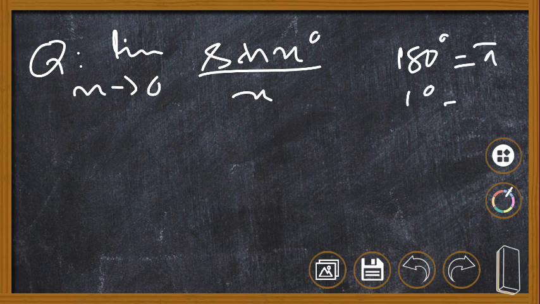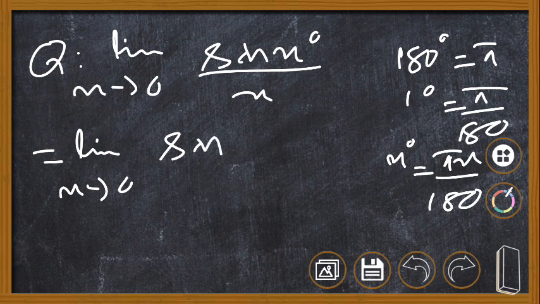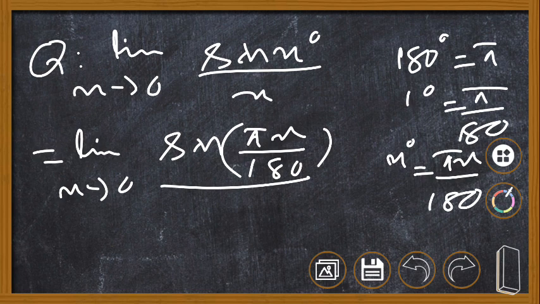So 1 degree will be pi by 180 radians, and x degrees, it will be pi x divided by 180 radians. So that is equal to limit x tends to 0, sin, this one will be pi x divided by 180, and I need the same thing in the denominator also to write our formula.